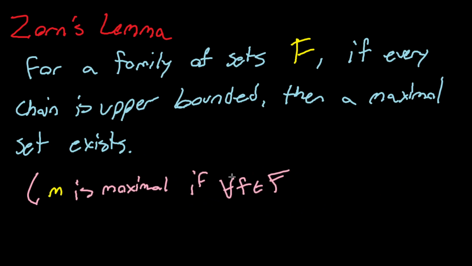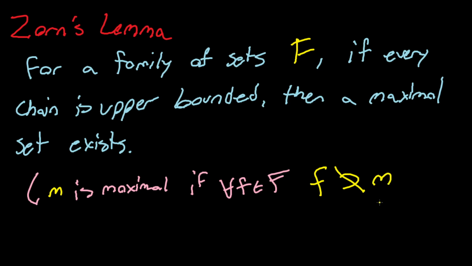Okay, so m is maximal if for all f in F, f is a subset of m. So it's some object, or rather, I've said this backwards. That's not true. Sorry about this.